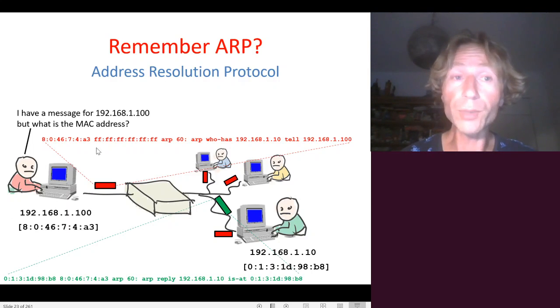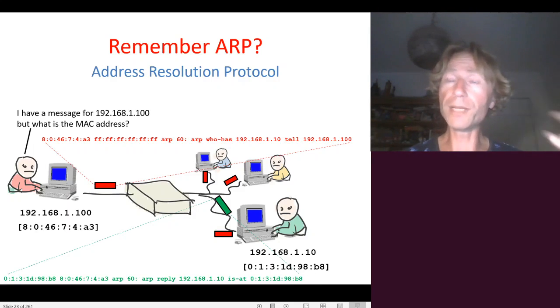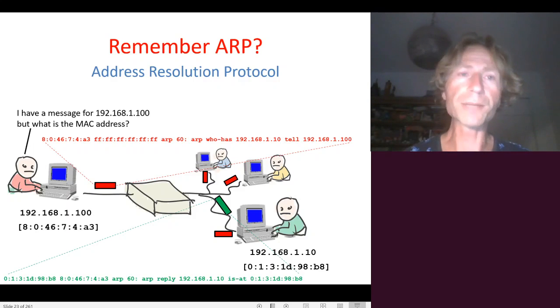Because we know the MAC address of the receiver. We saw that before, and it basically says, I have this IP address 192.168.1.10, and it's at this MAC address. Okay, so now both parties know both the IP address and the MAC address for the remote side. Great, that's ARP as it should work.